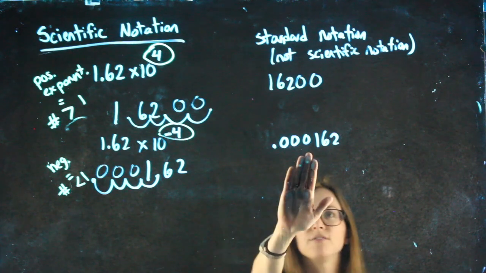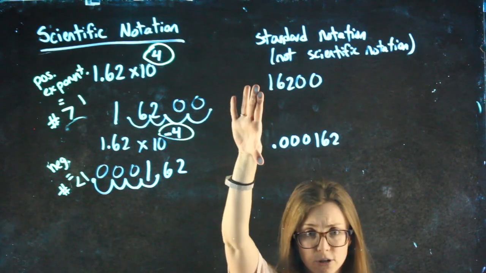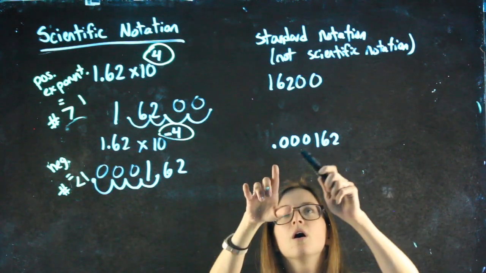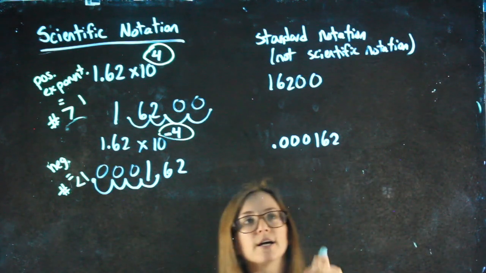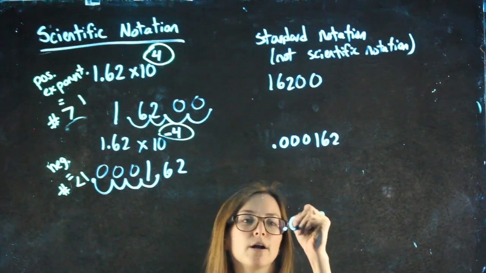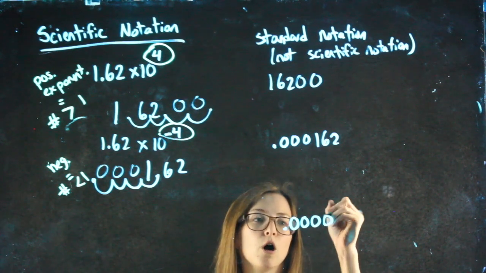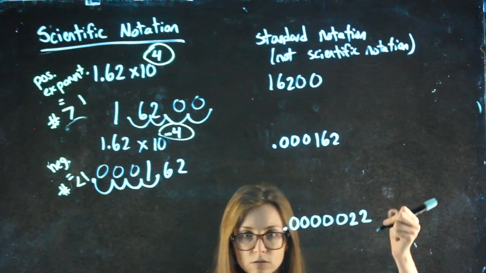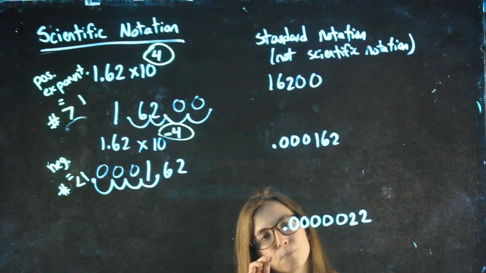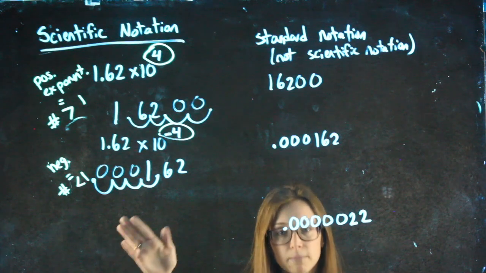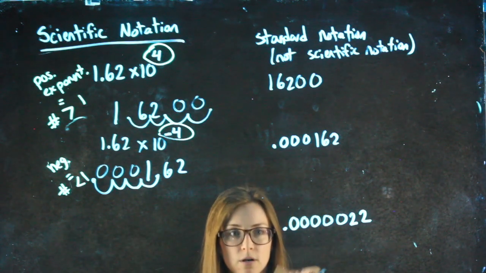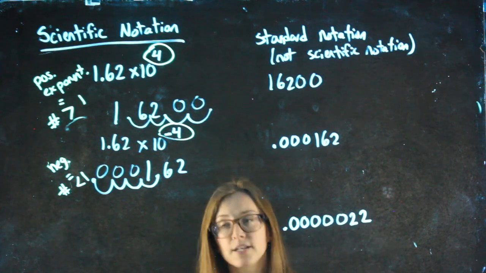I could also give you the number in standard notation and ask you to go the other direction. So when we're going the other direction, like let's say I have 0.00000, so 5 zeros, 22. To put it into scientific notation, my goal is to move the decimal so there's only one number that's not 0 in front of the decimal.